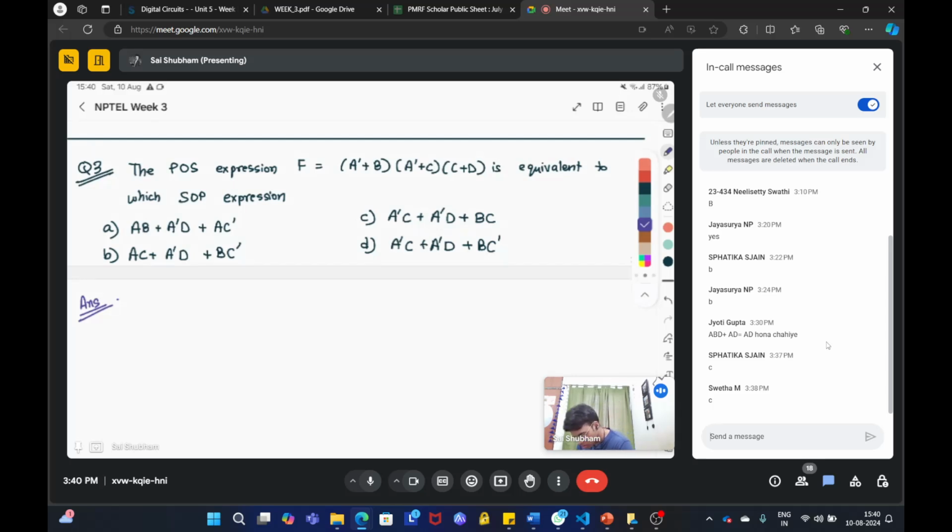So I will discuss the solution right now. One need not even solve this question because you can see from the options that I hope everybody agrees that signal A in the output expression is not possible at all, because in this expression signal A is not there, A bar is there.